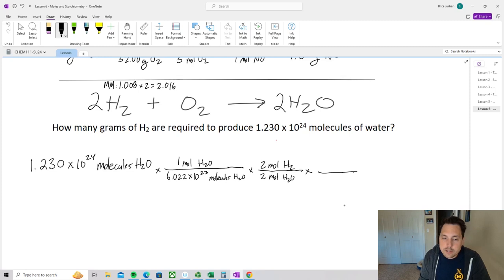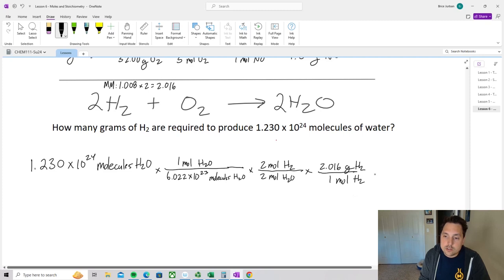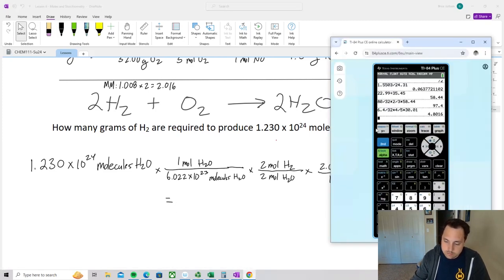Then how many grams of H2 are required? Well, here we need to multiply through by the molar mass. So 2.016 grams of H2 per mole of H2. So here you want to make sure you're using the E key on your calculator, or you're using parentheses.